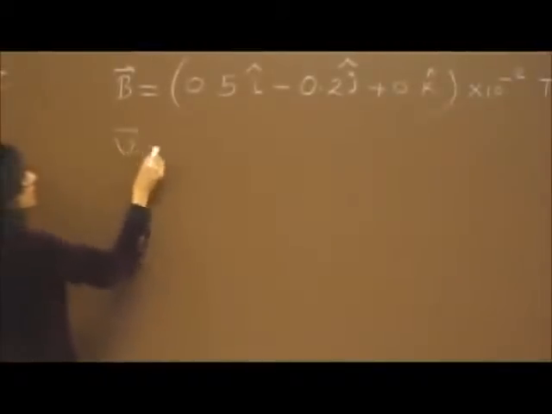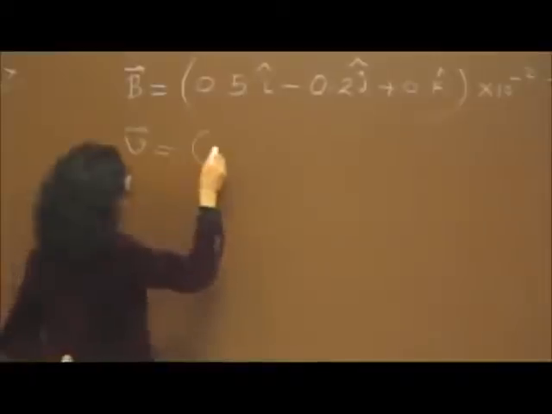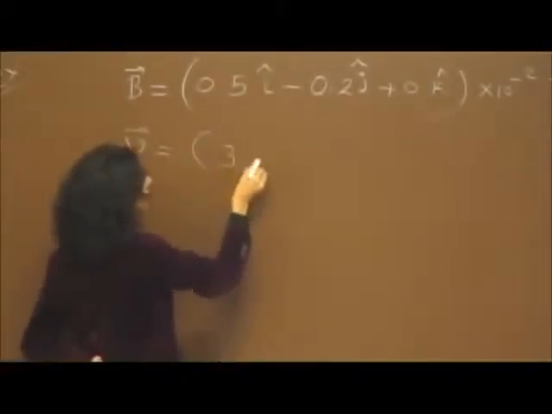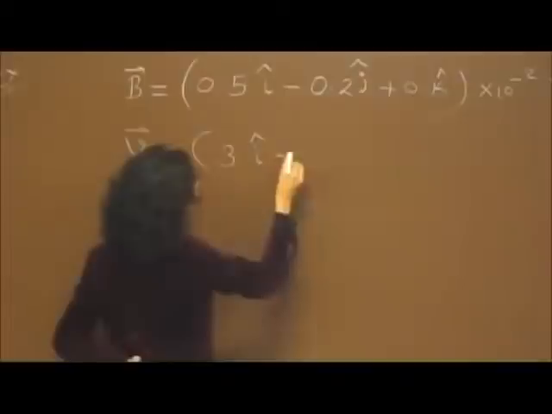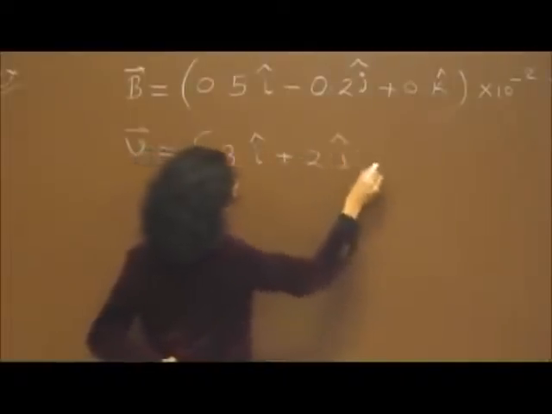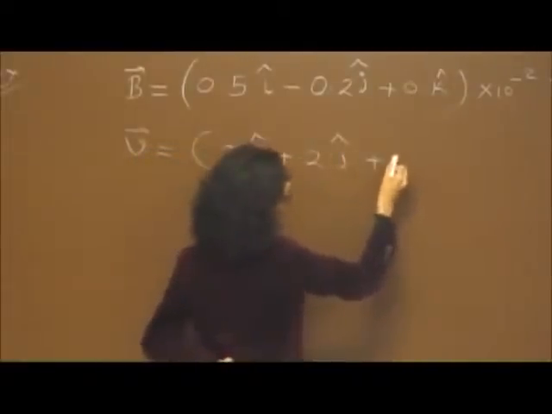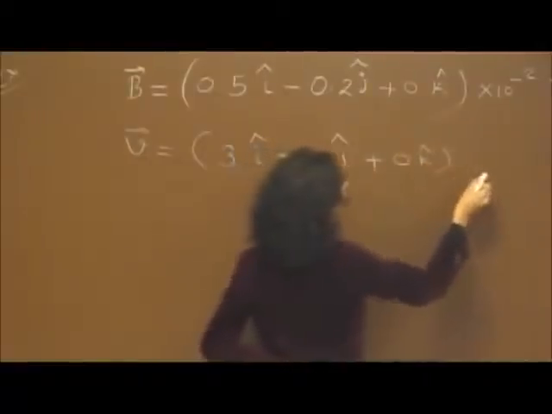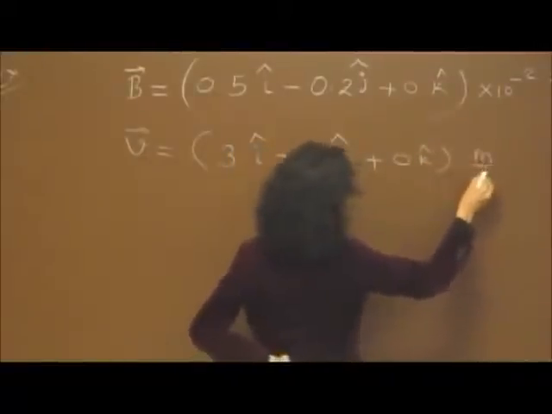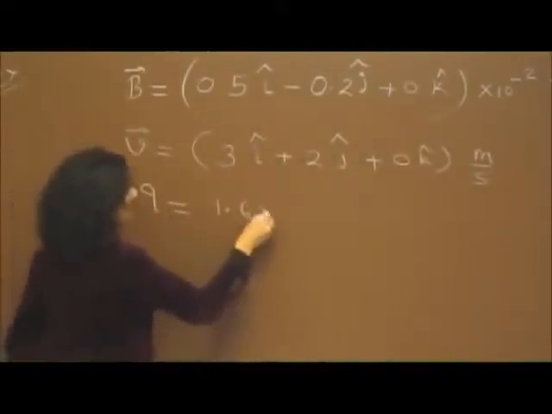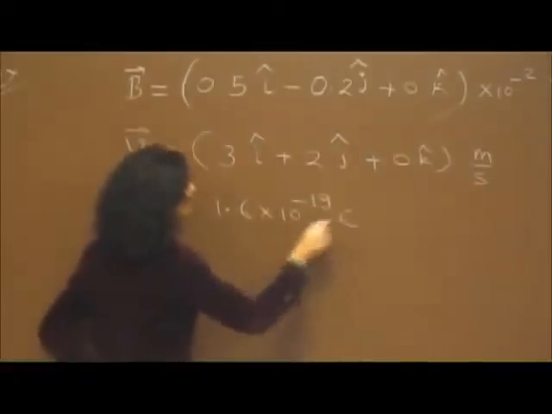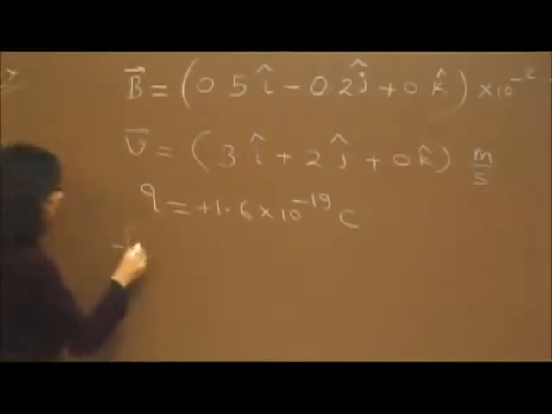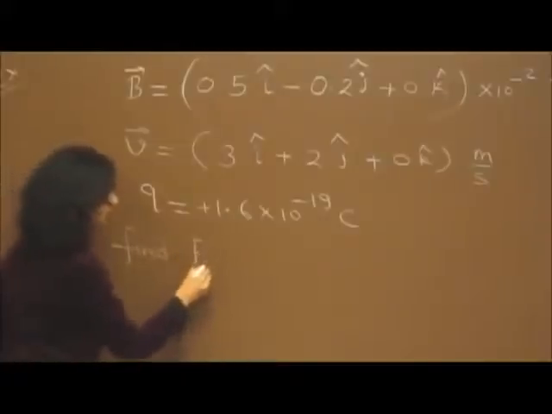Your velocity vector, let's say, is 3 in the i hat direction plus 2 in the j hat direction, and let's say 0 in the k hat direction. And this is in meters per second. Let's say that the charge of the charged particle is 1.6 times 10 power minus 19 coulombs. So this might be a proton, let's say. And the question is asking, find the magnetic force.